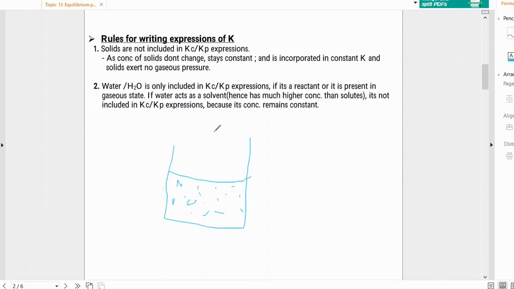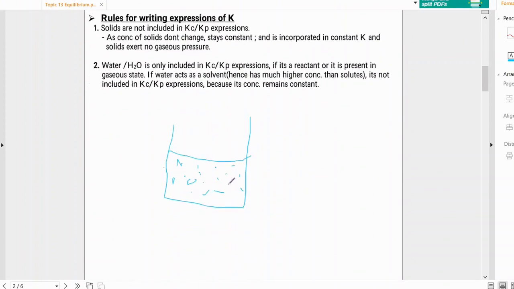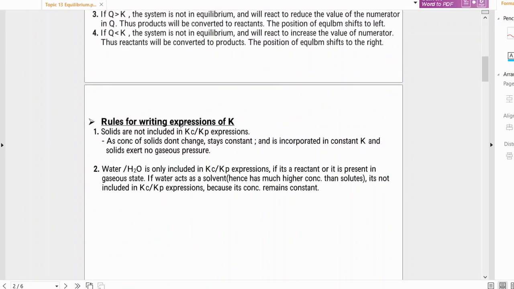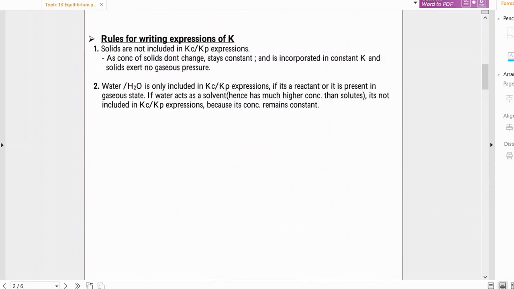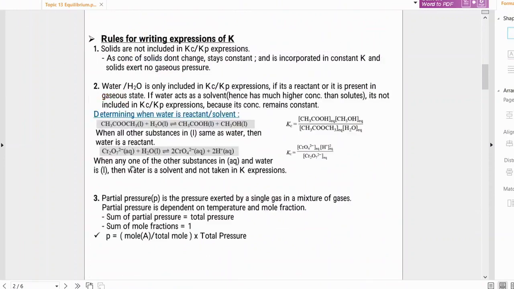As water is the solvent here, the concentration of water must be greater than the concentration of the solute dissolved in it. That makes quite a lot of sense. So that is why we say if water is a solvent, then its concentration remains constant. If any species' concentration remains constant, that species, as we have seen, is not included in Kp or Kc expressions. Let's stick to calling them Kp and Kc to save time.